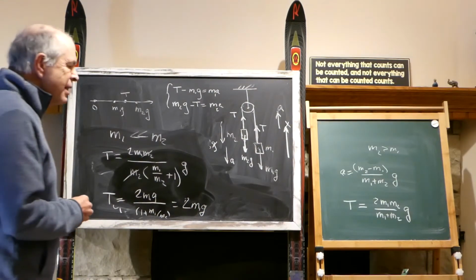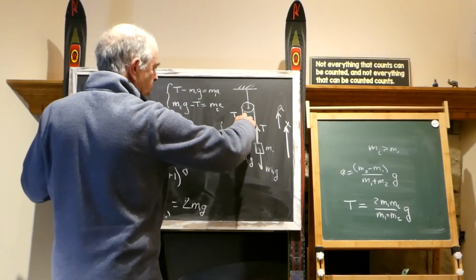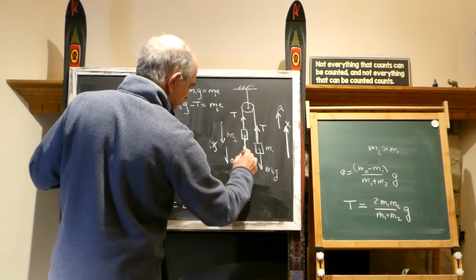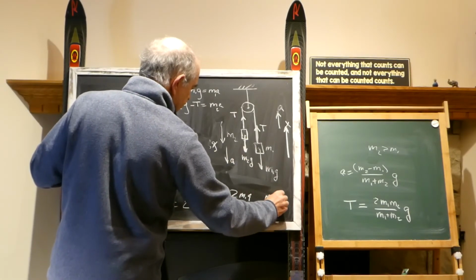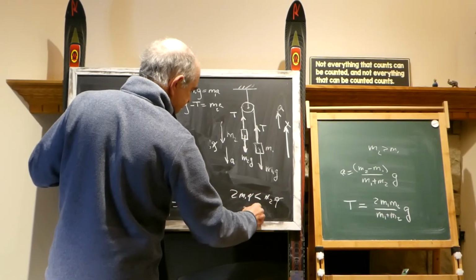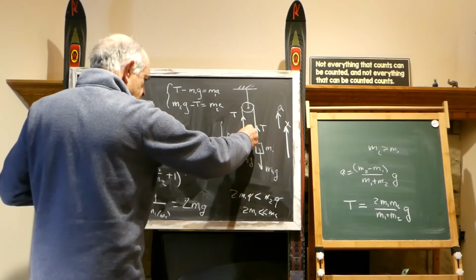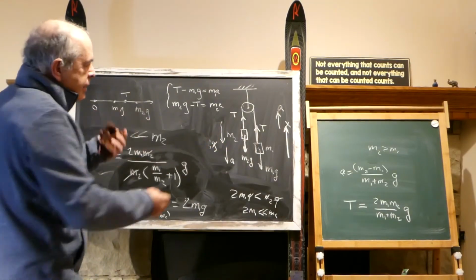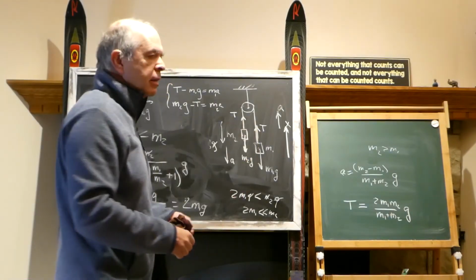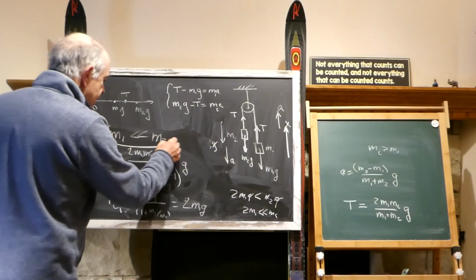So T is very small, because we know m1, T is very small compared to m2g, because T is 2m1g, and this is m2g, and this is gone, and 2m1 is significantly smaller than m2. So yeah, m2g has no resistance from T. The body is practically falling under gravity and no T, because T is negligibly small in this case.